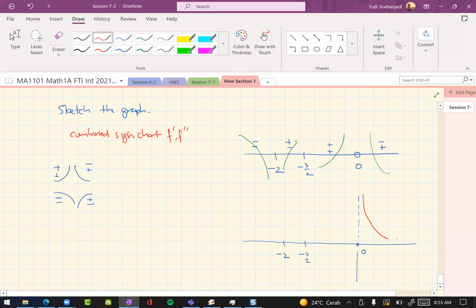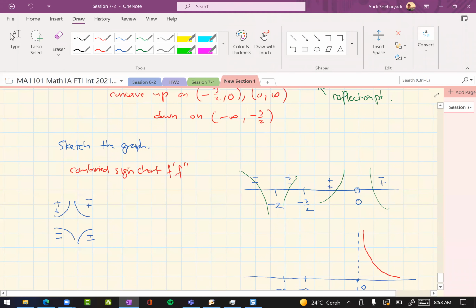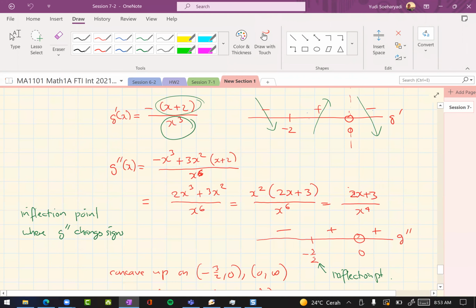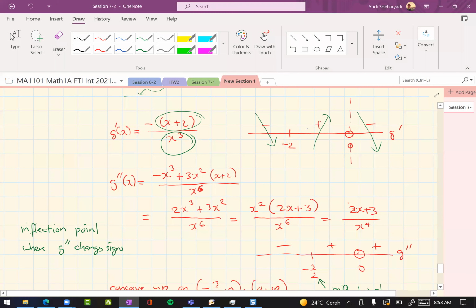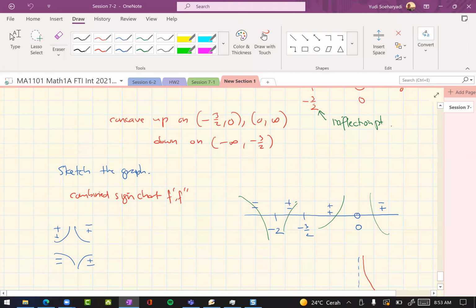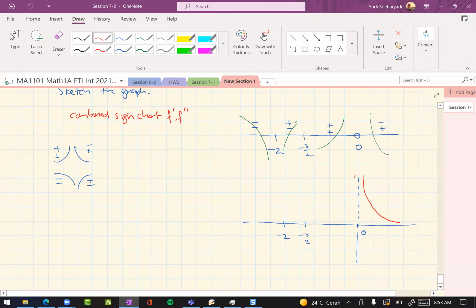And because at -3/2, that's an inflection. And this should be a stationary point. That should be something that looks like this. There.